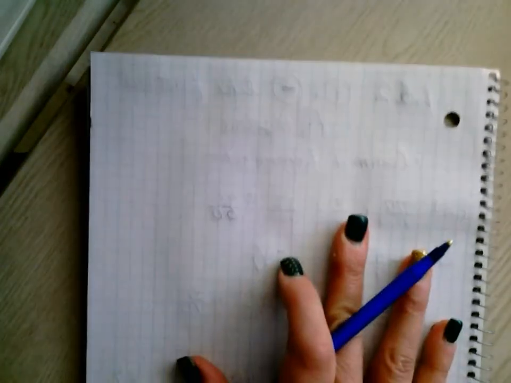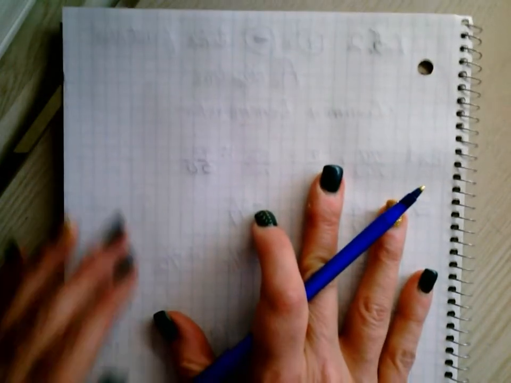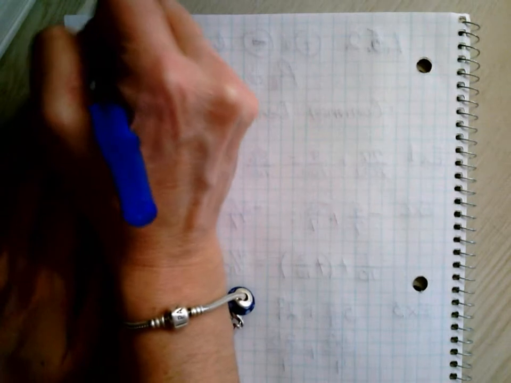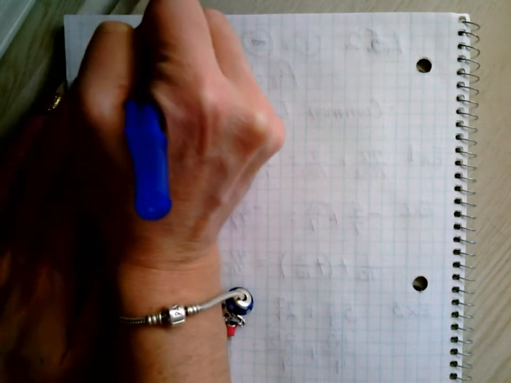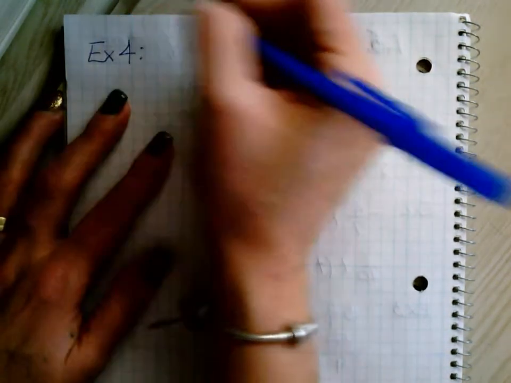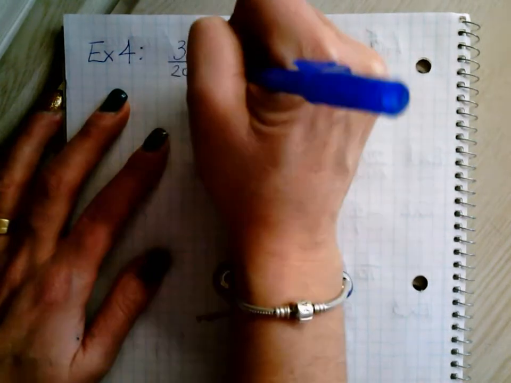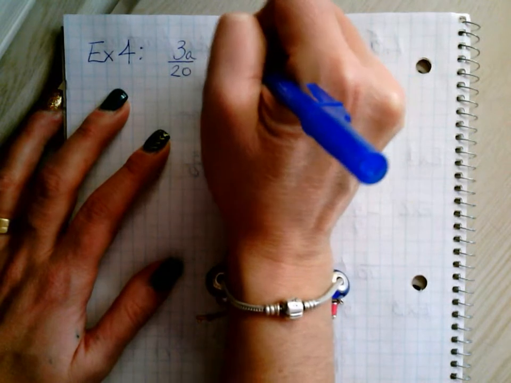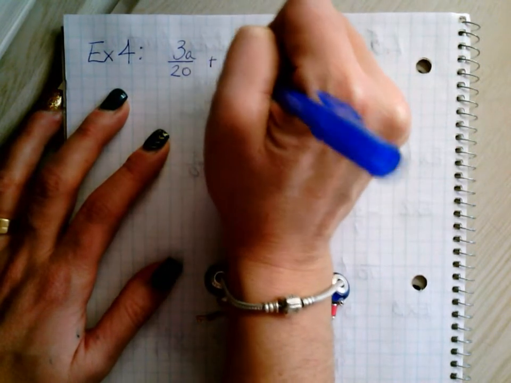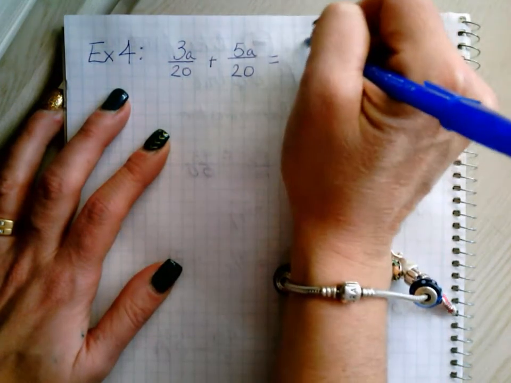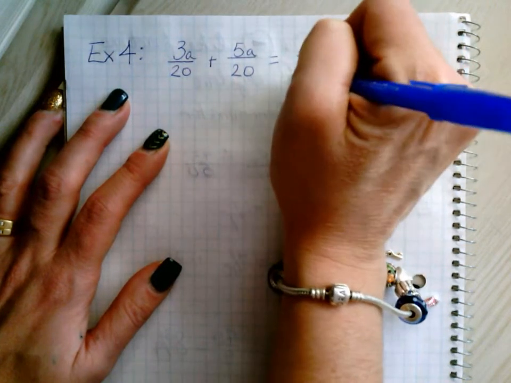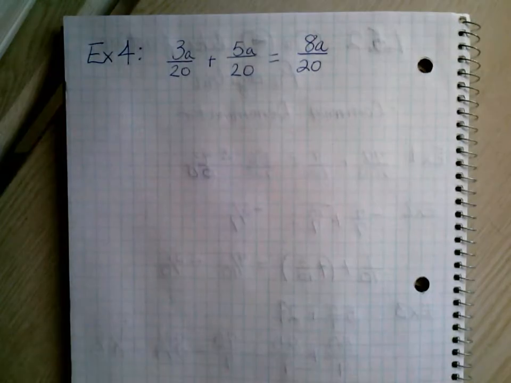Example 4. (3a over 20) added to 5a over 20 equals 8a over 20. So far, so good? 8a over 20.